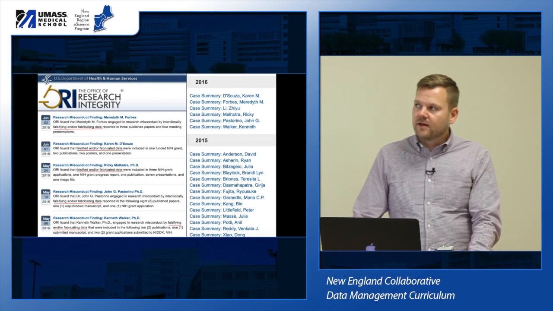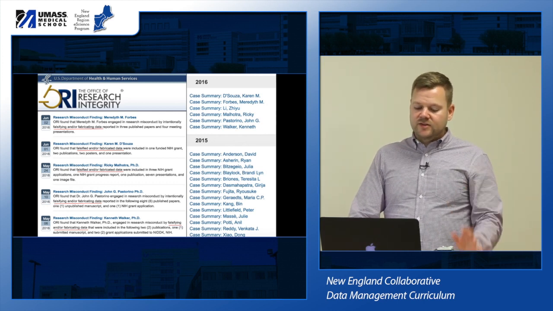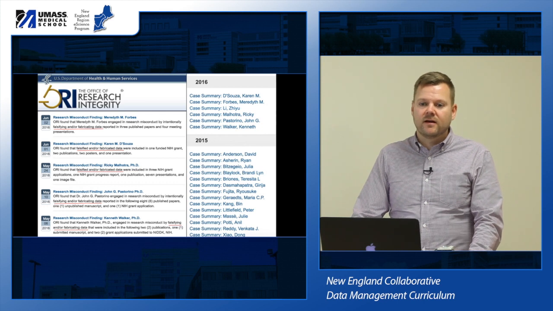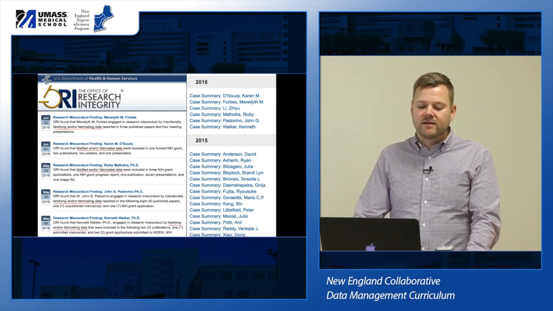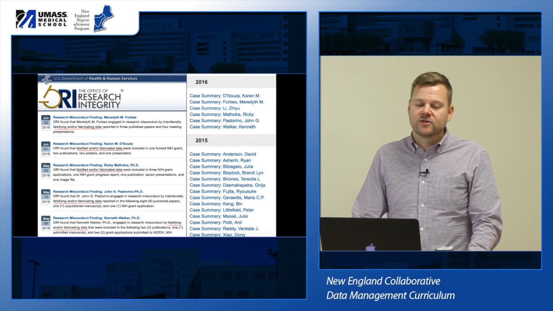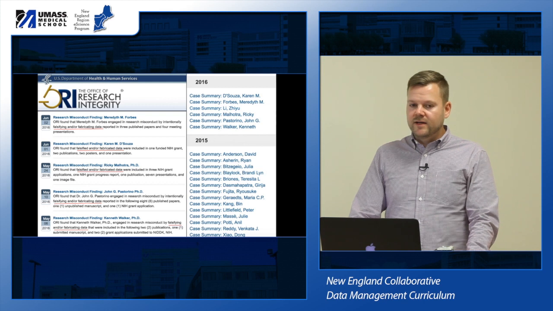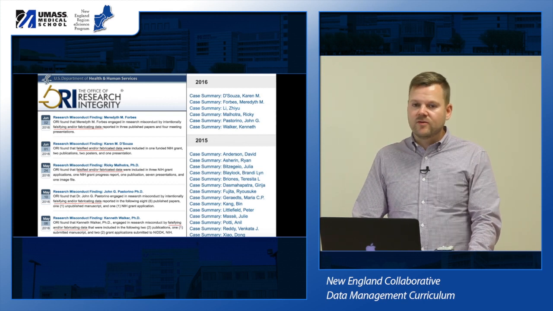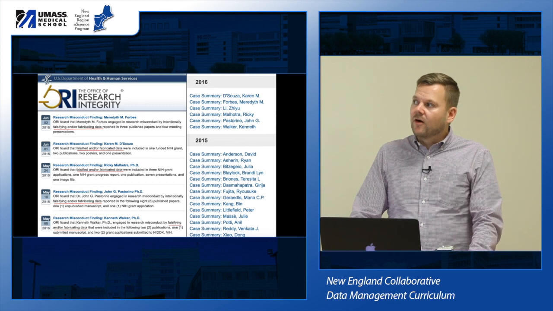As I mentioned, responsible conduct of research before, this slide is just a snapshot of the current cases of scientific misconduct on the page of the Office of Research Integrity at the Department of Health and Human Services. We're in July now, so as you can see, 2016 hasn't been completed, but there are quite a few cases already.